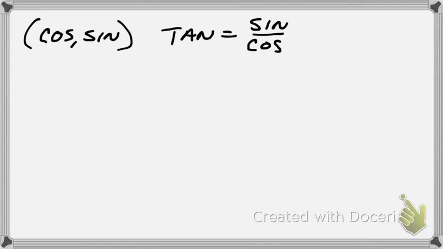Tangent is sine divided by cosine. So we can find all three of the basic trigonometric functions by just looking at the unit circle, and tangent would be dividing two of them. And then we can find the secondary trigonometric functions just by flipping the original three like we learned the other day.